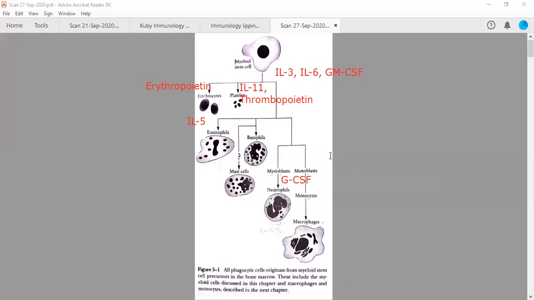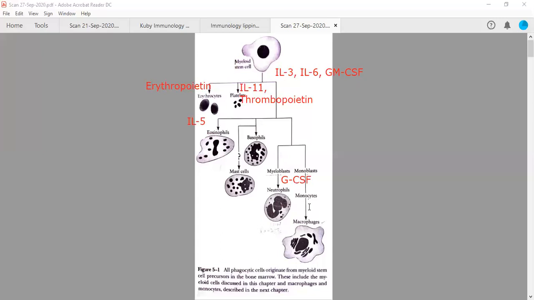One is known as granulocyte monocyte, we have discussed earlier, which can lead to the synthesis of either granulocyte or monocytes. But if there is only granulocyte colony stimulating factor, it will lead to the synthesis of granulocyte. And you know, neutrophils are major type of granulocytes. So in presence of G-CSF, neutrophils will result.